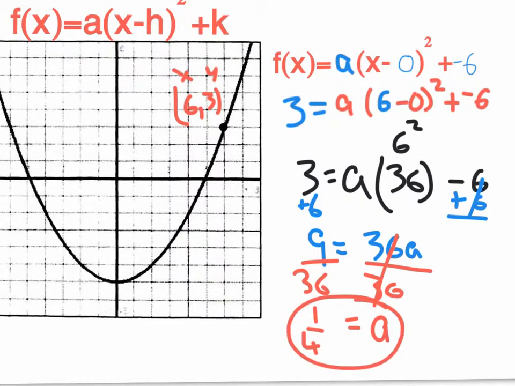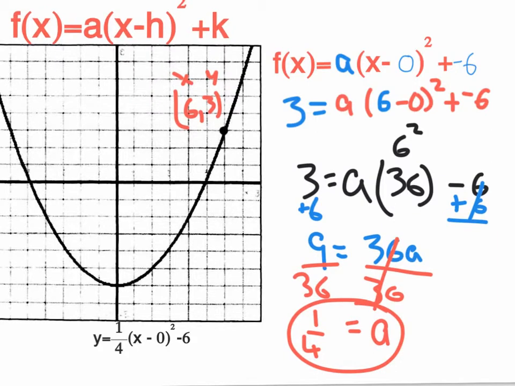So what are we going to do here? We're going to take the a value of 1/4. We're going to plug it in right there. We're going to take the h value, which we already know is 0, and the k value, which we already know is negative 6 because of the vertex 0, negative 6. And so now that we have all the values we need, we could actually write our answer, which is y equals 1/4 times (x minus 0) to the second power minus 6.